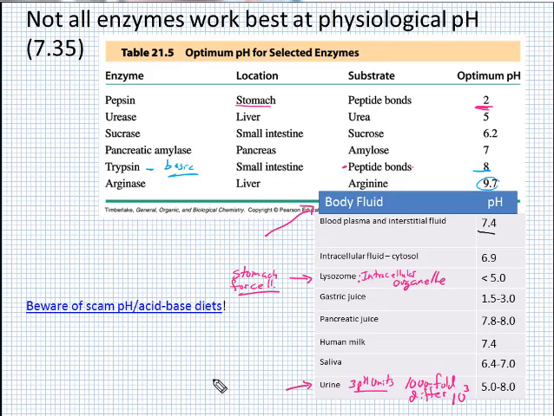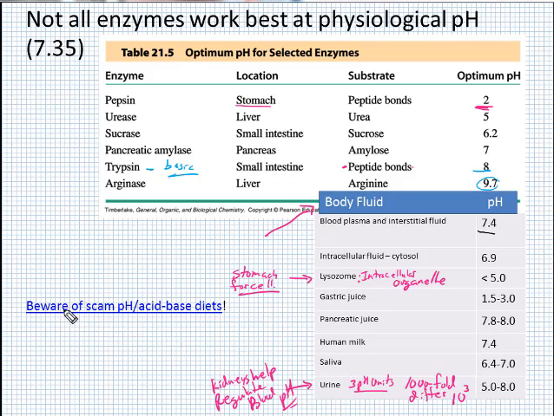So I'll just say the kidneys, where the urine is made, help regulate blood pH. And so that's why you see a large range here. Urine isn't necessarily acidic or basic. It depends on the kind of food you're eating. It depends upon how much exercise you're getting, and that sort of thing.